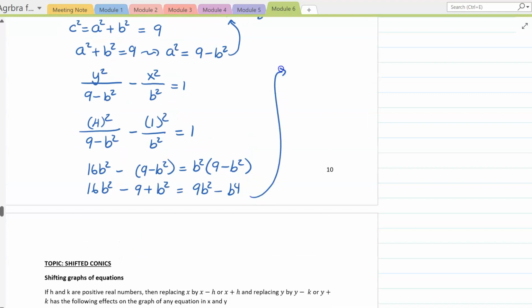We combine like terms. And factor. So this means b squared equals 1.